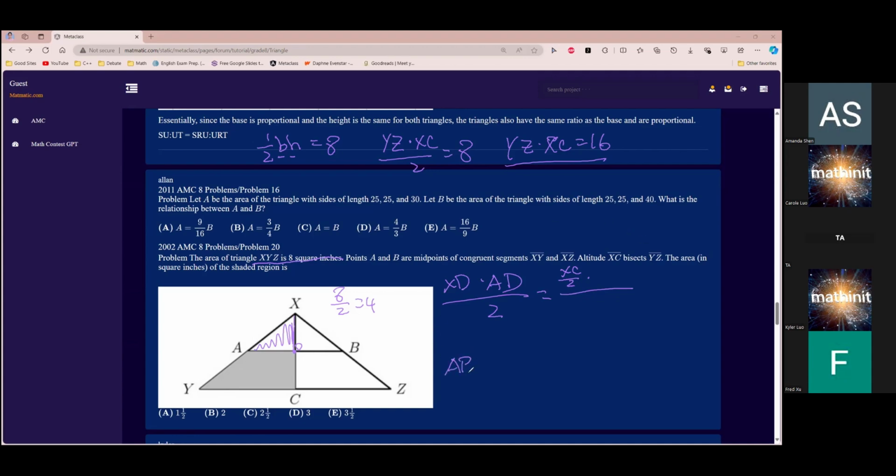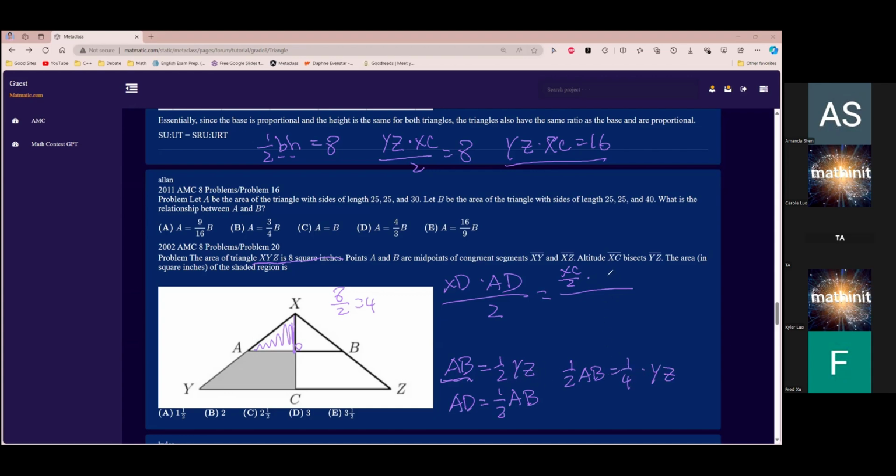So if you look at it from this, AB is half of YZ, and since AD is equal to half of AB, then half of AB is equal to 1/4 of YZ, since you multiply 1/2 on each side.